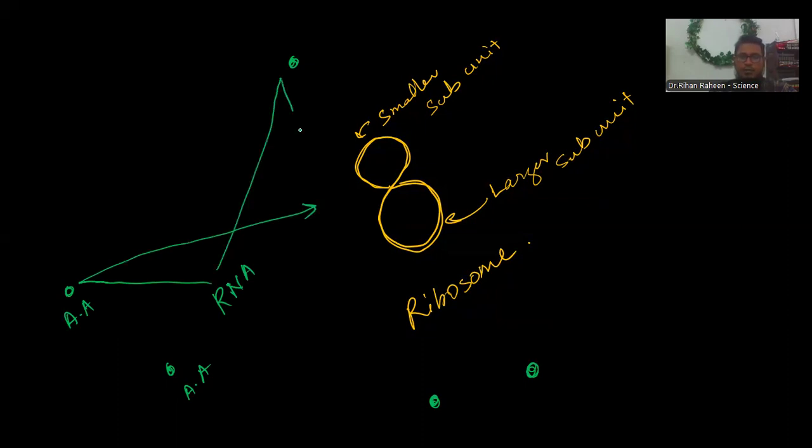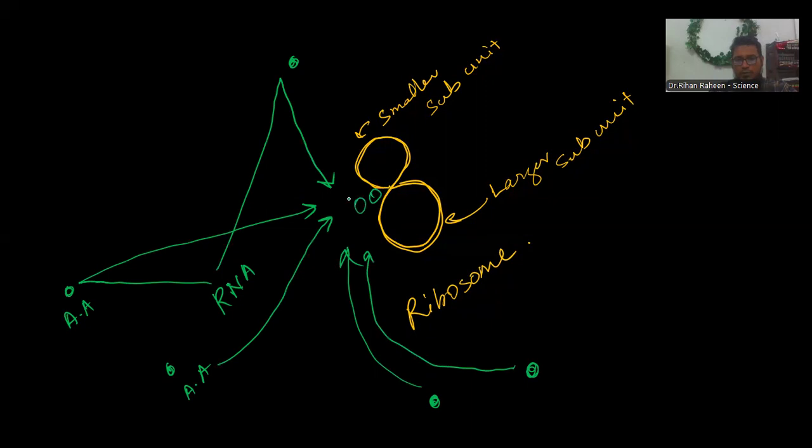Then it will travel to this and bring it here. So it will be taking all the amino acids closer to the ribosome. And then what will the ribosomes do? Ribosomes will suck all the amino acids and make them into a long chain. A long chain of amino acids is known as protein. So this is the protein synthesis process.